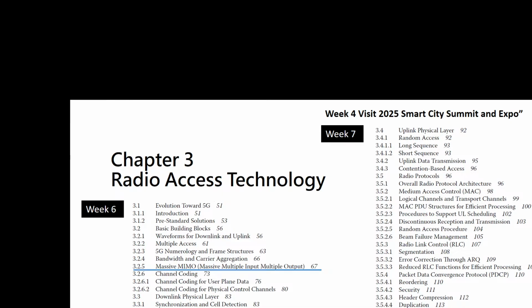Basically, today's 5G is based on the technology developed by Korean Telecom, their special industry group. All of the 5G standards are based on this, and we will introduce the transmitter and receiver setup.